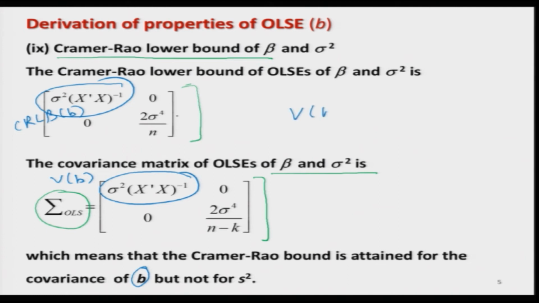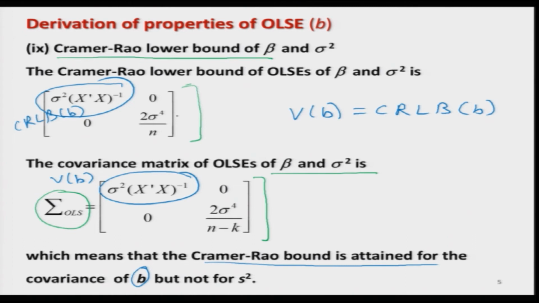So the covariance matrix of B and the Cramer-Rao lower bound, CRLB, of B are the same. I can say that B attains the Cramer-Rao lower bound, or the Cramer-Rao lower bound is attained for the covariance of the ordinary least square estimator B.